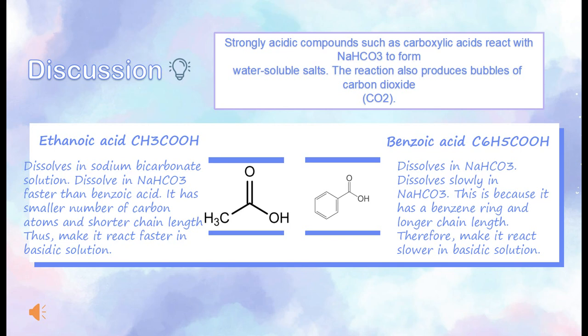So we can conclude that it has a smaller number of carbons, as we can see in this molecular formula, and a shorter chain length, thus making it react faster in the basic solution. Benzoic acid also dissolves in sodium bicarbonate solution, but it dissolves more slowly than ethanoic acid. This is because it has a benzene ring and a longer chain length, therefore making it react slower in the basic solution.